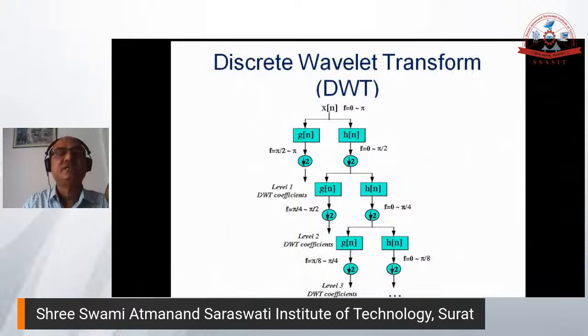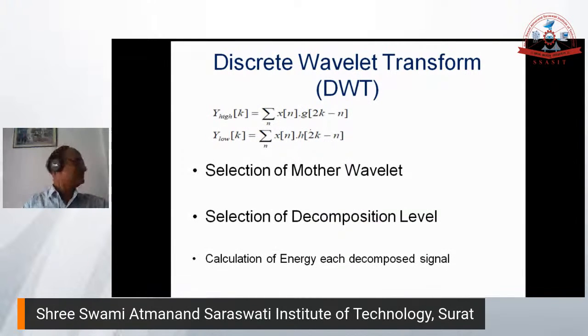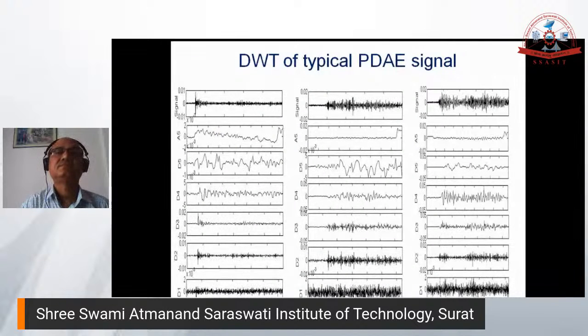There is another way to analyze the partial discharge acoustic wave, that is the discrete wavelet transform, which decomposes the signal into different levels. You need a selection of mother wavelet, selection of decomposition level, and calculation of energy in each decomposition level.